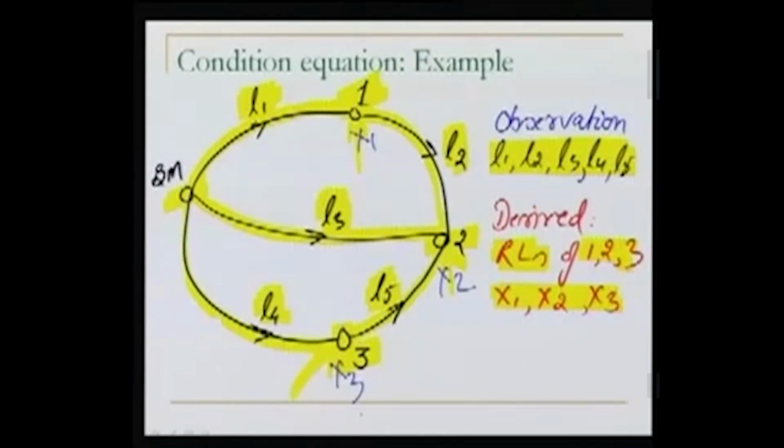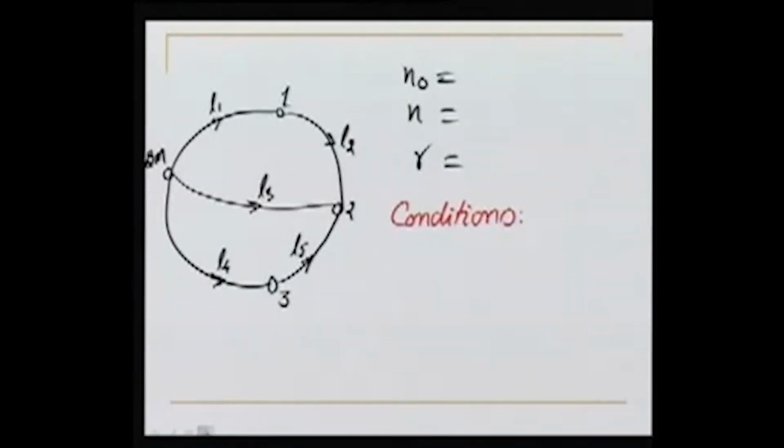This is the desired thing, while we have carried out L1, L2, L3, L4 and L5 observations. Now we will try to analyze this problem. For this problem, number 1, what is the minimum number of observations required in order to find x1, x2 and x3? Well, you can guess very easily.